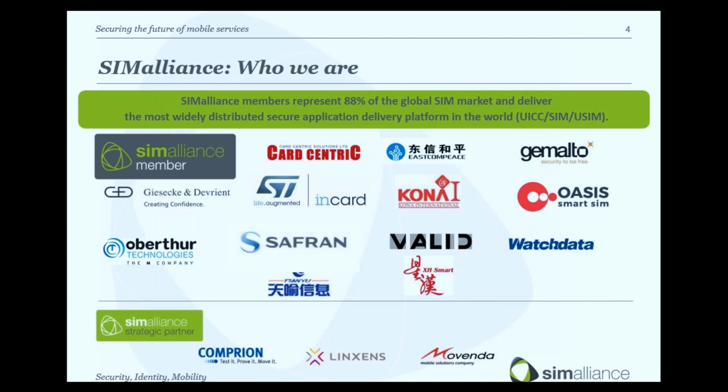SIMalliance members represent approximately 88% of the global SIM market and deliver the most widely distributed secure application delivery platform in the world. The slide you're looking at now shows our members and our strategic partners. SIMalliance promotes the essential role of a dedicated tamper-resistant hardware module in delivering secure mobile applications and services across all devices that can access wireless networks.